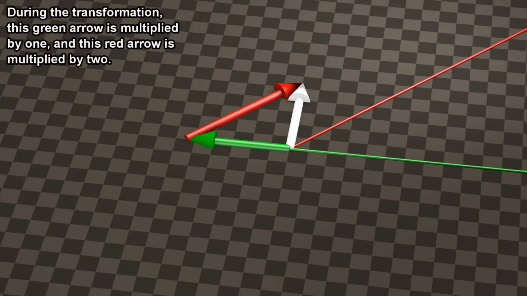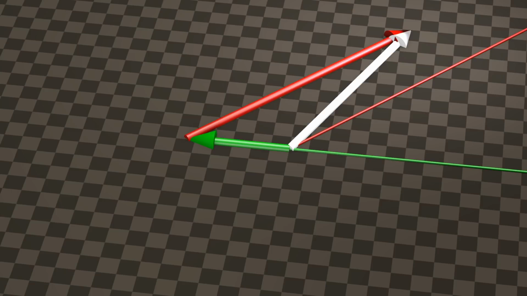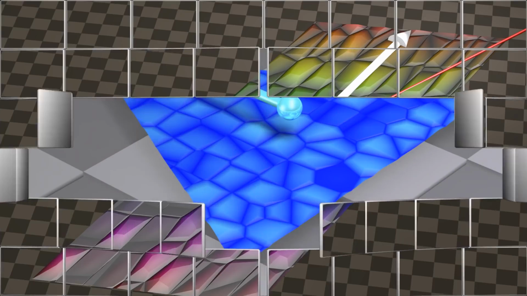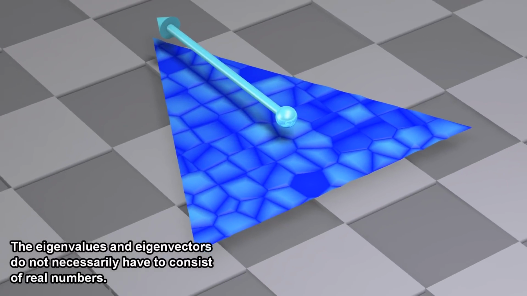During the transformation, this green arrow is multiplied by 1, and this red arrow is multiplied by 2. The eigenvalues and eigenvectors do not necessarily have to consist of real numbers.